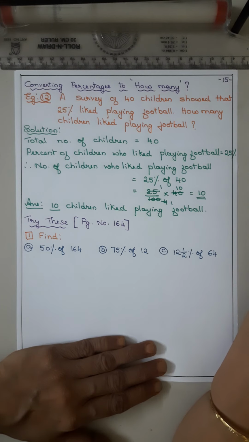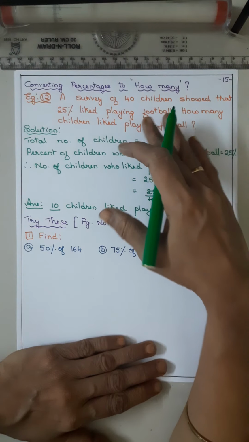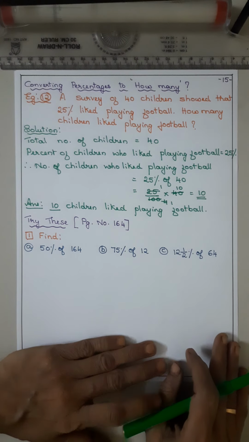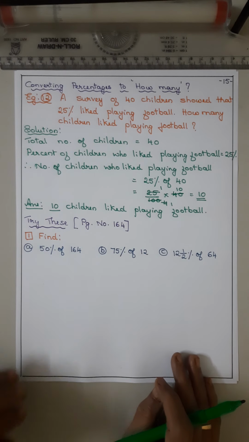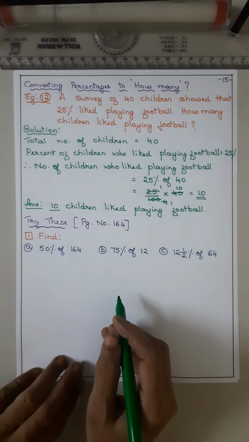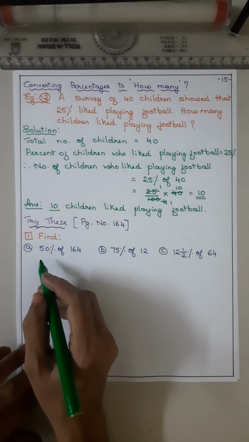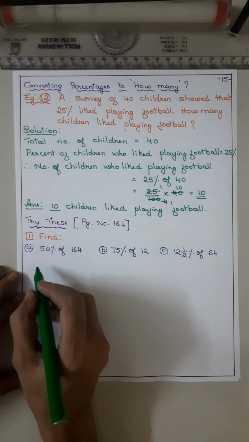Understood? So the word problems here, they have given the percentage and you have to find out the number. Now coming to the same type of sums, try these from page number 164. Now 50% of 164 will be how much?